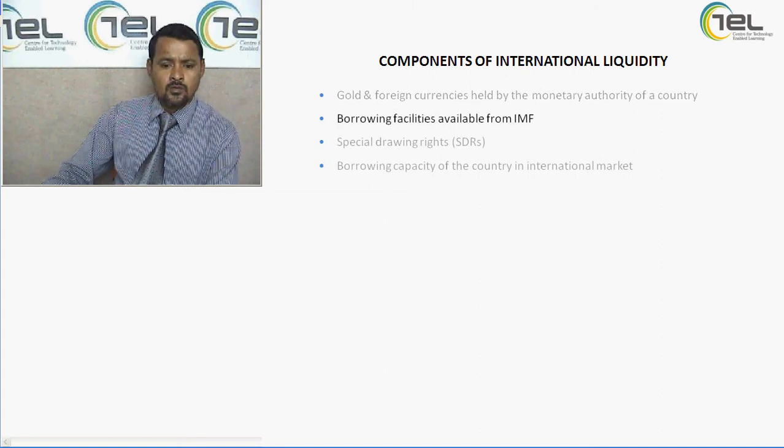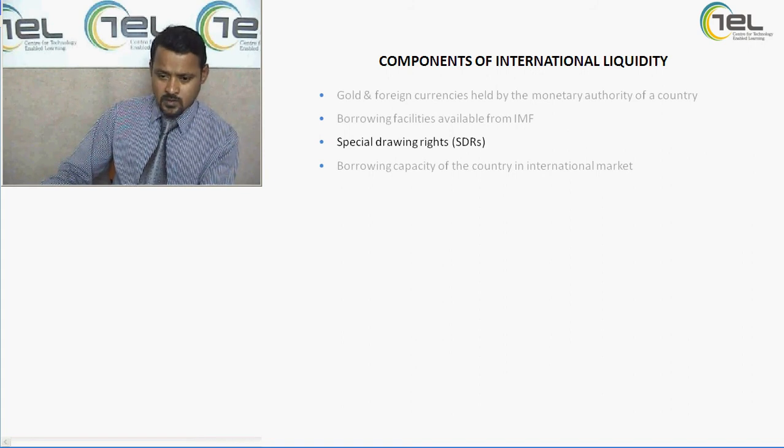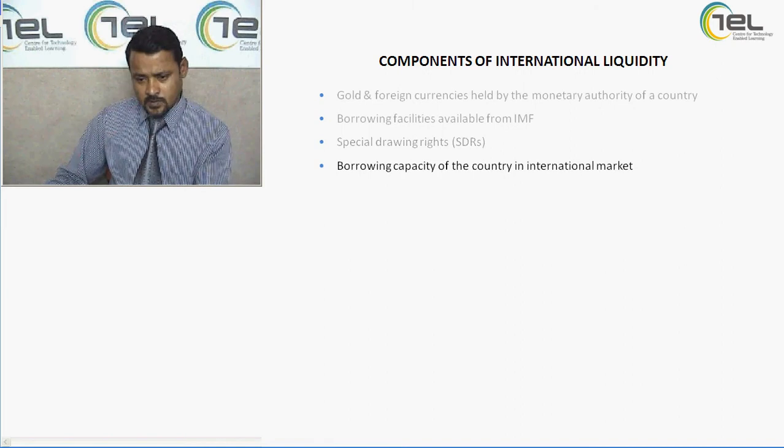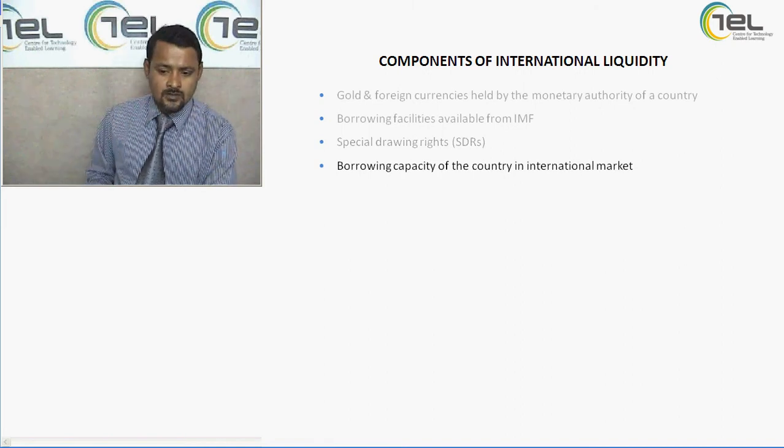Special drawing rights granted by the IMF to its member countries, so that special drawing rights can be converted into denominated currencies at the time of requirement, also serve as liquidity in the long run. The borrowing capacity of a particular country in the international market is also one form of international liquidity.